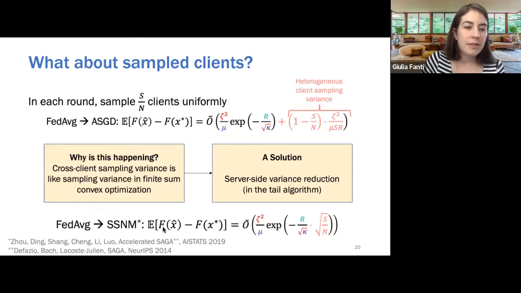So here, instead of using accelerated SGD for our global algorithm, we replaced it with an accelerated variance reduction algorithm, SSNM, which is an accelerated version of SAGA, which is a variance reduction method.